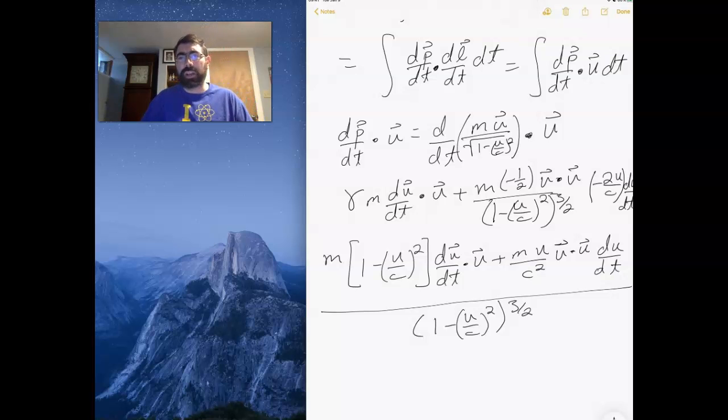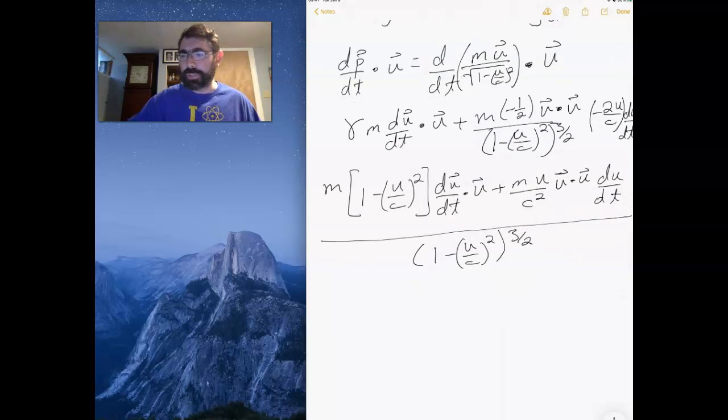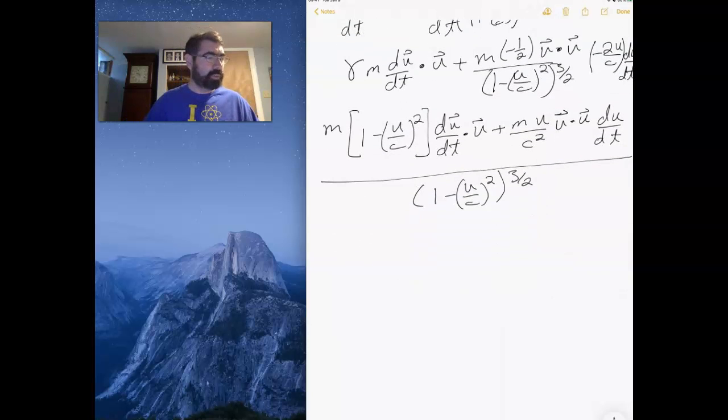So basically I just looked for the common denominator and made one big fraction out of it. So that's what happened to the gamma over here.